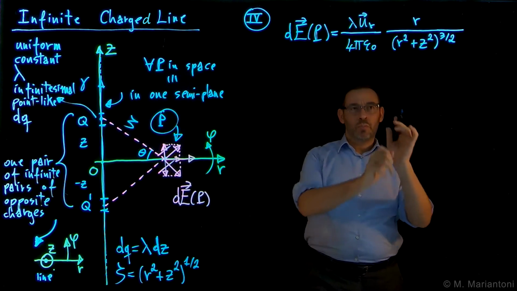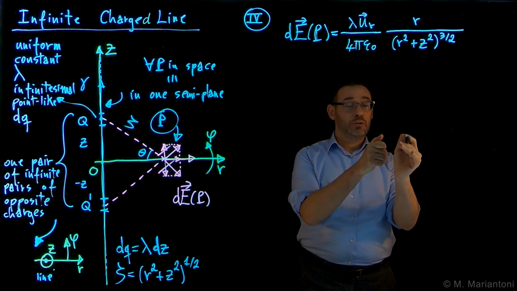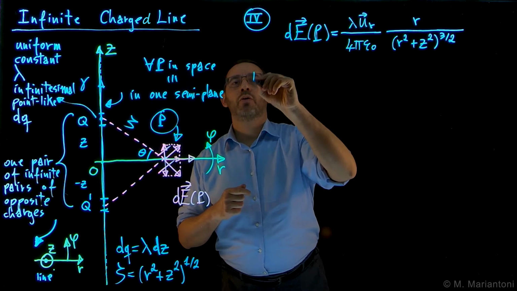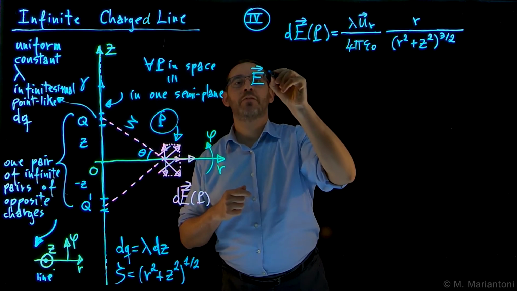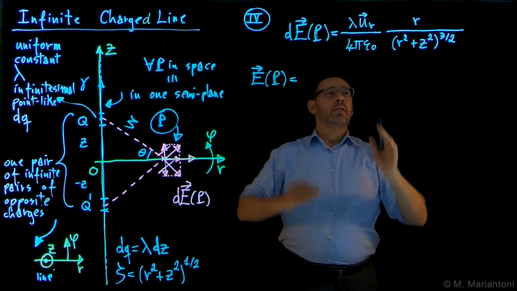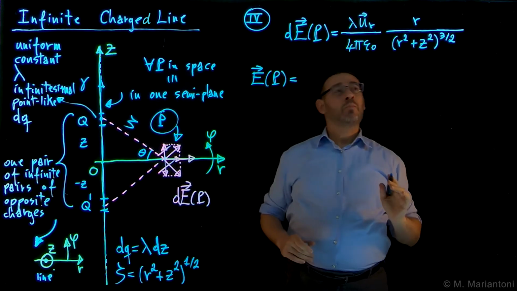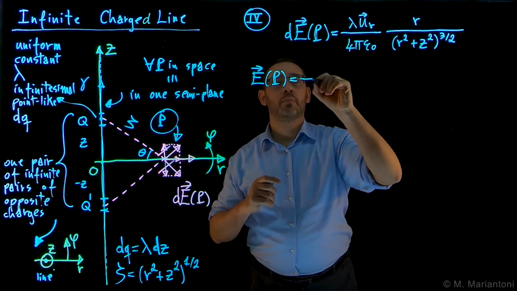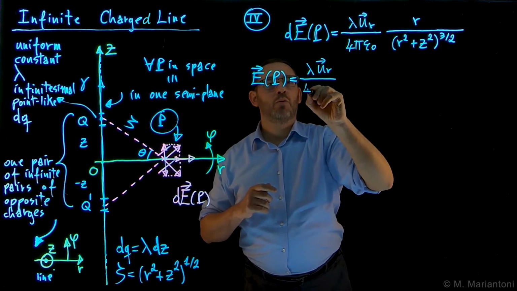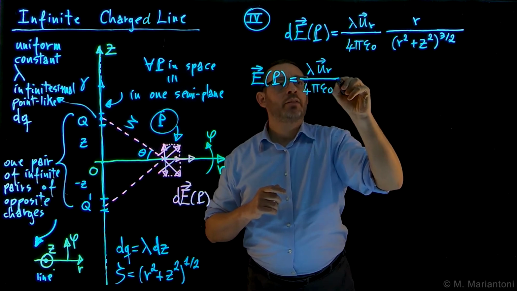Okay, so this is our infinitesimal field due, for example, to this point-like charge, infinitesimal point capital Q, which is our source. All right, now we need to use the superposition principle in order to get the overall electrostatic field E at point capital P. And when we do that, these are all constants of integration. So we're going to have lambda times the direction ur divided by 4 pi epsilon naught.